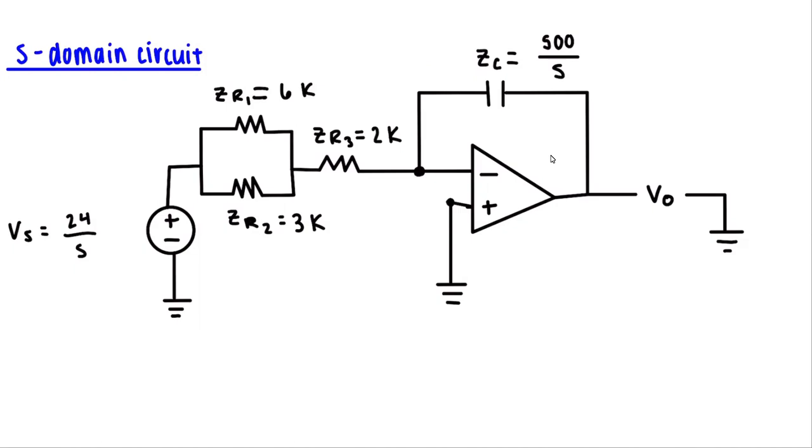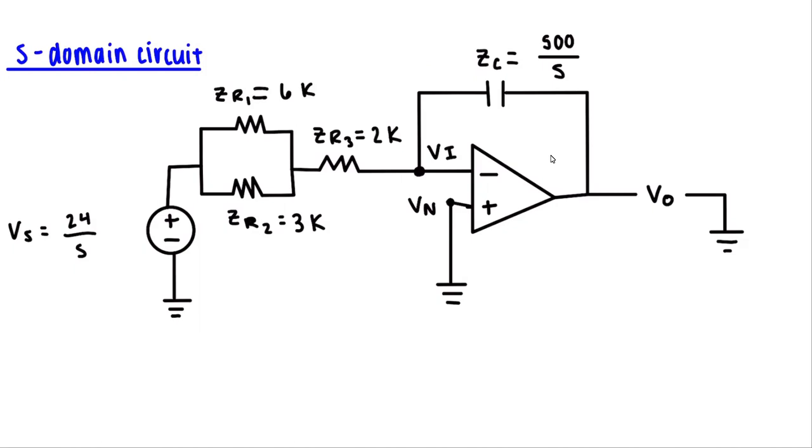So now that all the components are converted into impedances, we can begin solving for the output voltage. Before we do that, we must label the nodes of the circuit. So we already have Vout labeled, and we have two more nodes on this circuit, which will be Vn and Vi. So Vn is found on the non-inverting input of the op-amp, and Vi is on the inverting input of the op-amp.